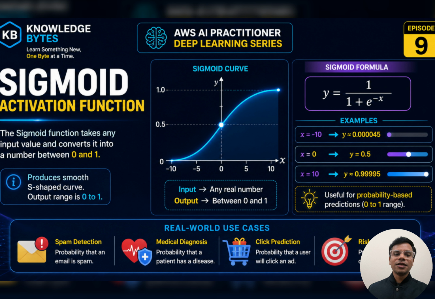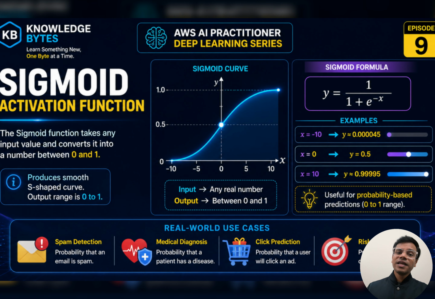Next, let's get into the sigmoid activation function. Sigmoid takes any input value and converts it into a number between 0 and 1. For example, if the input is very negative, the output is close to 0, right? If the input is 0, the output is 0.5.